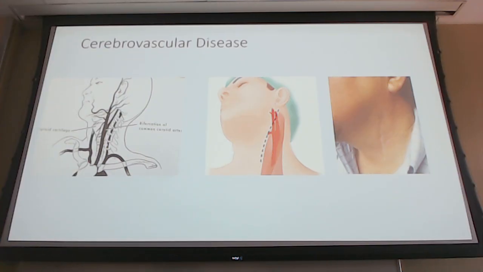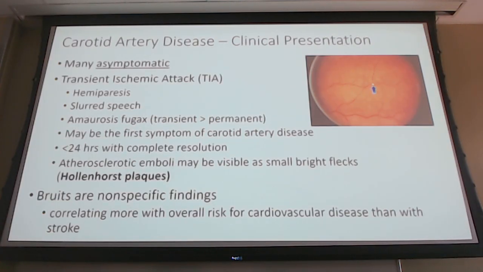All right, let's talk about cerebrovascular disease. Okay, so it starts within the carotids and it goes up. All right, many are asymptomatic. A lot of people don't know that they have this. One of the diagnoses that we see a lot with CVD is TIAs, okay, transient ischemic attacks. You may have hemiparesis, you may have slurred speech.